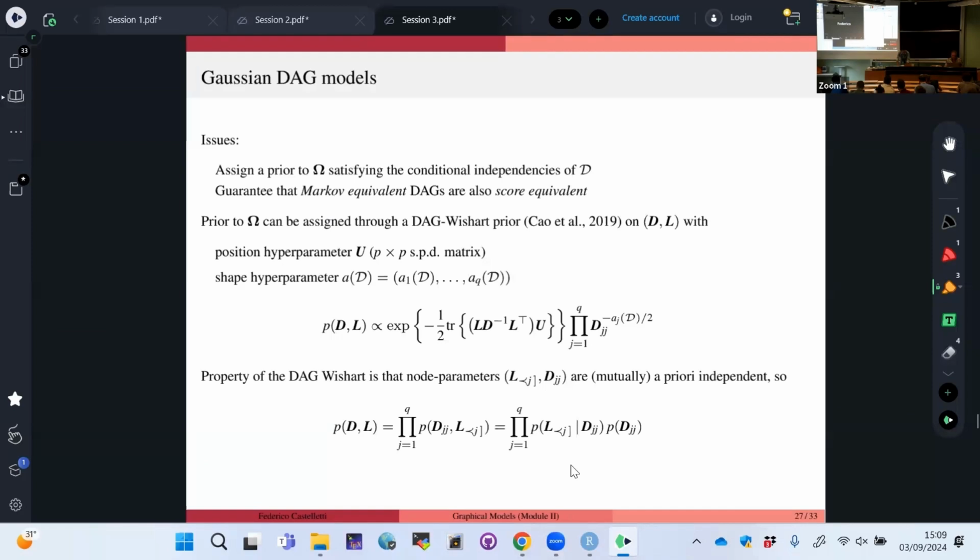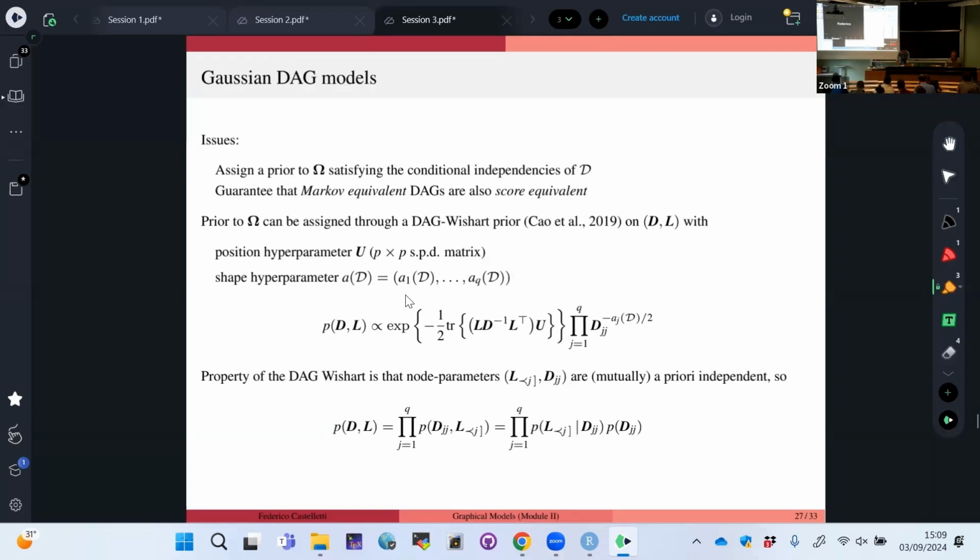Okay, so a prior on omega can be assigned through a prior on its reparameterization into D and L through a DAG-Wishart prior, okay? The DAG-Wishart prior is based on 2 hyperparameters, which are an SPD matrix, capital U, which is a position hyperparameter, and a vector of shape hyperparameters, A of D, with 1 component for each node.